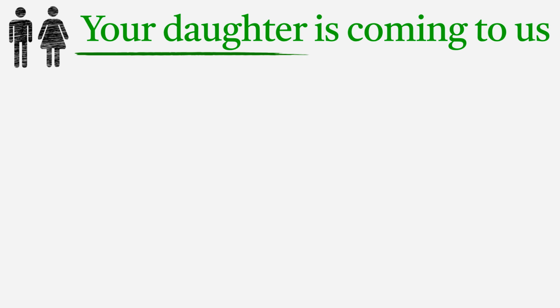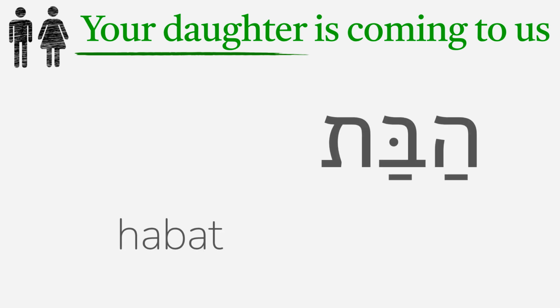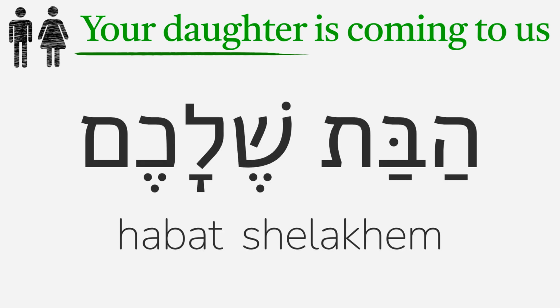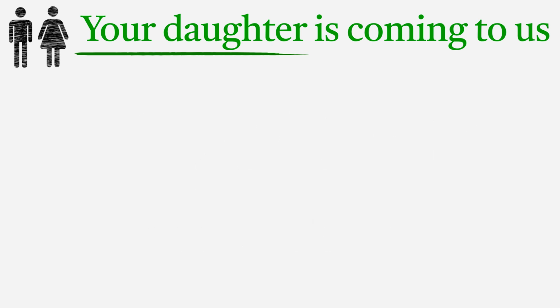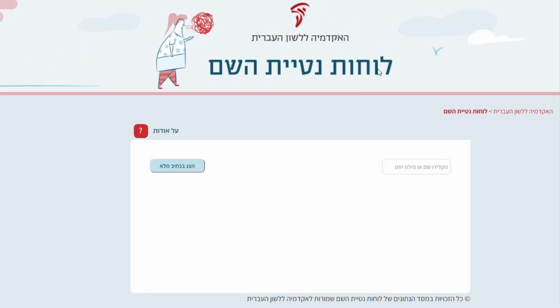Let's end today's video by saying, your daughter is coming to us, speaking to a couple of a man and a woman. To say your daughter, we could say habat, the daughter, shelachem, of you, masculine plural. But for this sentence, let's use this new structure we just learned. We can once again use this tool from the Academy for the Hebrew Language to look up the word bat, daughter.